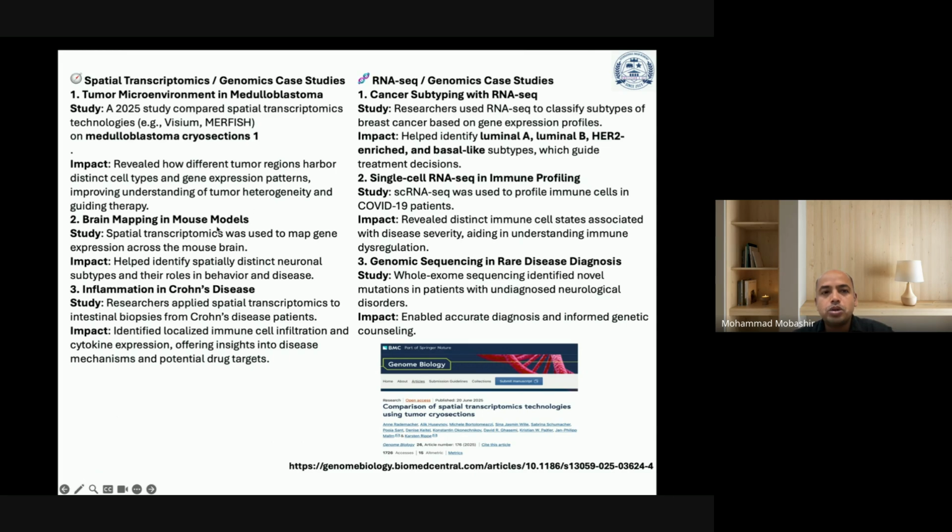Brain mapping in mouse models: a spatial transcriptomics study was used to map gene expression across the entire mouse brain. The impact: it helped in identifying spatially distinct neuronal subtypes and their roles in behavior and disease. It has also been applied for inflammation in a Crohn's disease study.